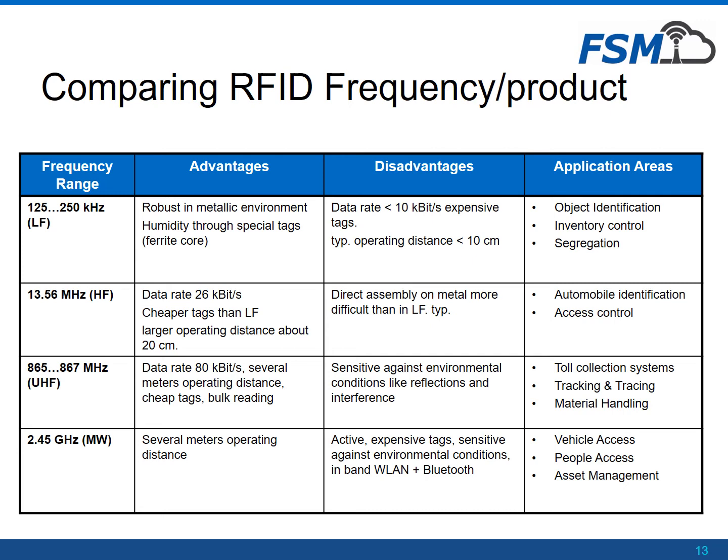Like if you use a 2.45 gigahertz system, owing to its large read-write range, it is more appropriate for vehicle access, people access, and asset management, whereas the low frequency 125 kilohertz is more related to object identification, inventory control, segregation. In fact, with a larger antenna increasing the range, most of the anti-theft systems you are seeing commercially available in all the shopping centers are largely 125 kilohertz low frequency systems.